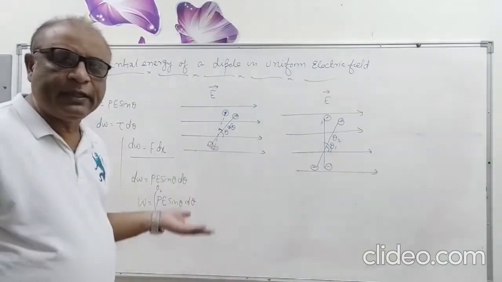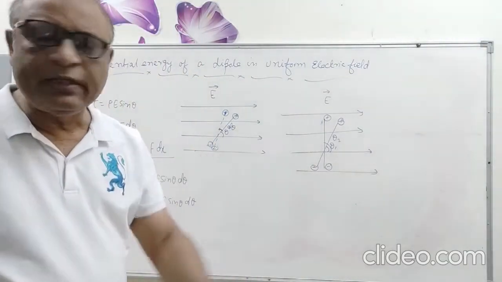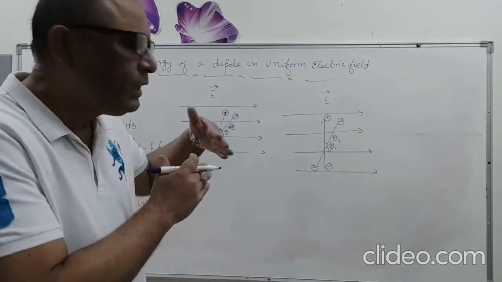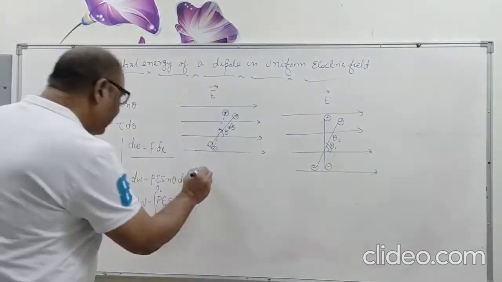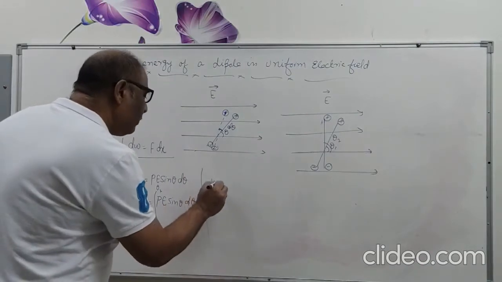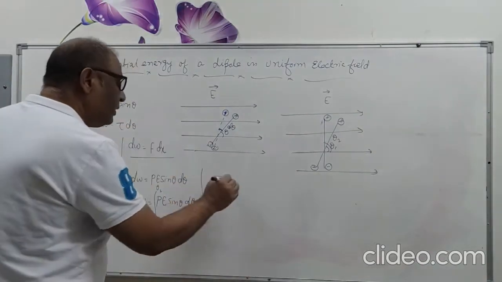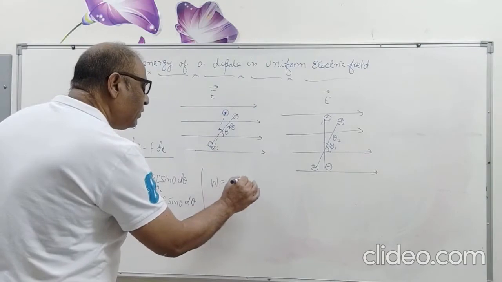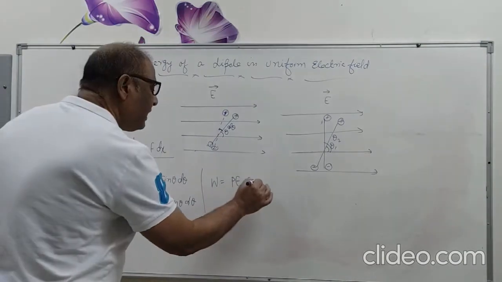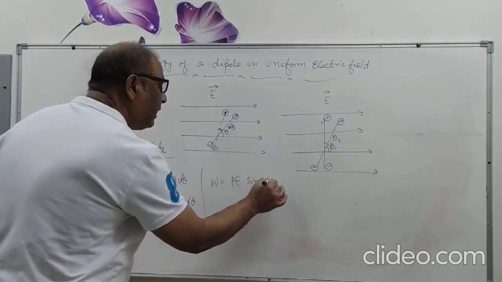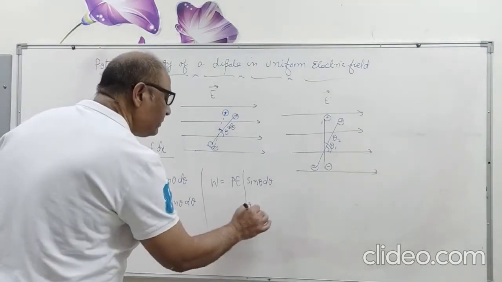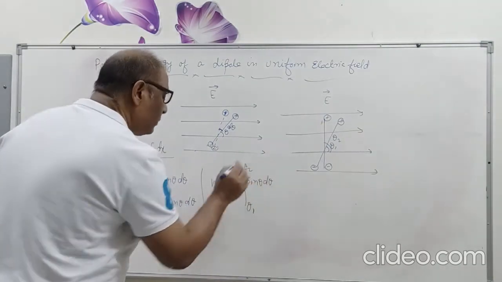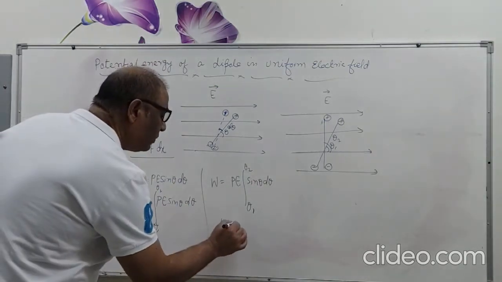Theta was an intermediate position and d theta a small change; now we go from the initial to the final, theta 1 to theta 2. Then W equals the integral of sin theta d theta, with P and E constant, from theta 1 to theta 2.